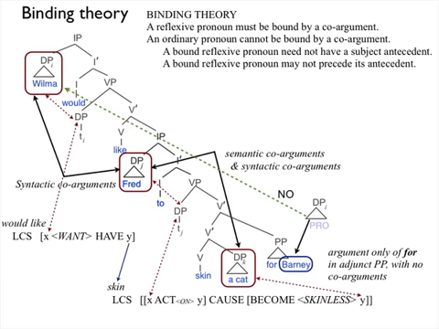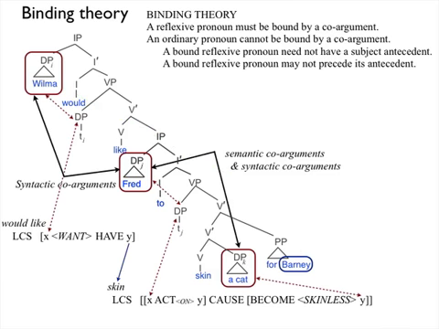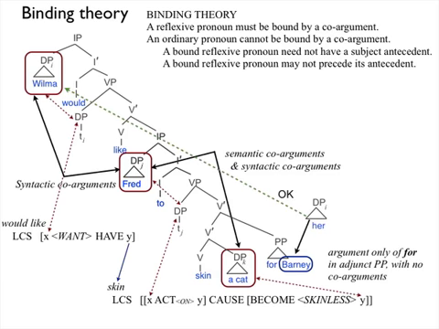Not a possibility. But what if we put a pronoun in there? If we put her in there, is this okay? Wilma would like Fred to skin a cat for her. That's okay, right? We would expect that. That would be okay because her wouldn't be bound by anything.